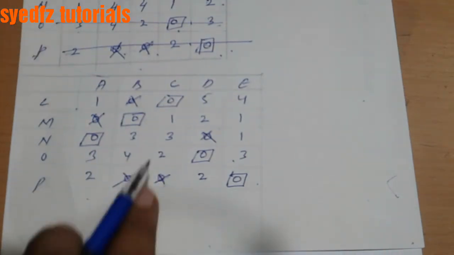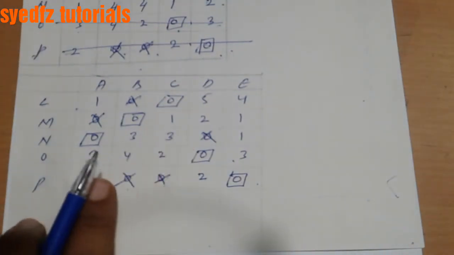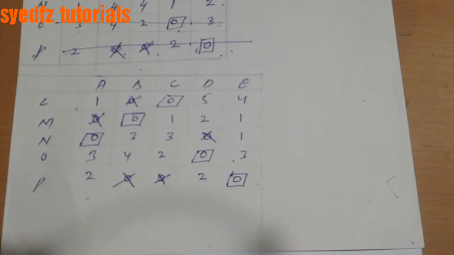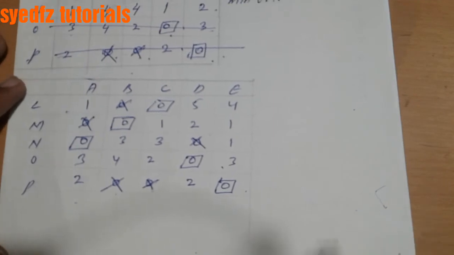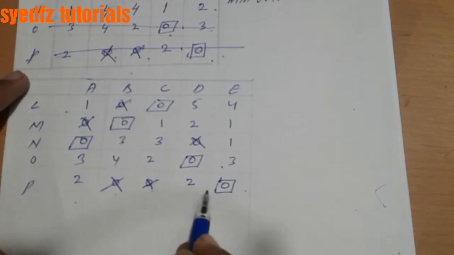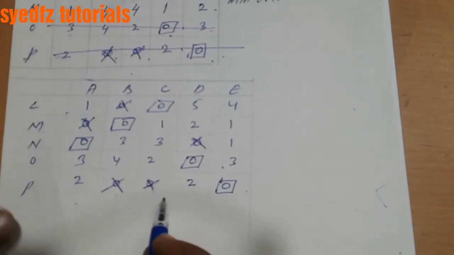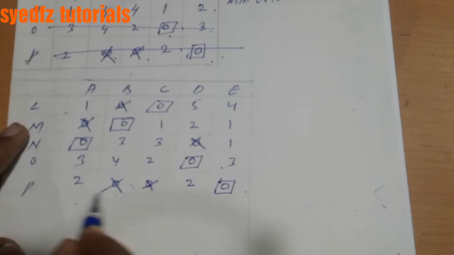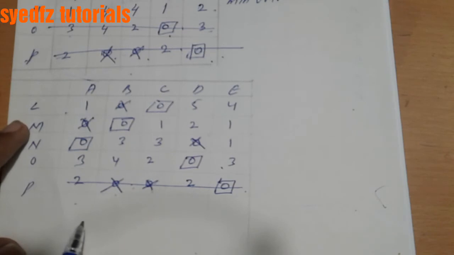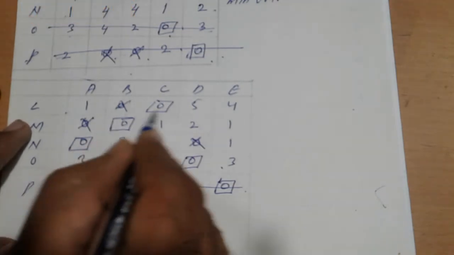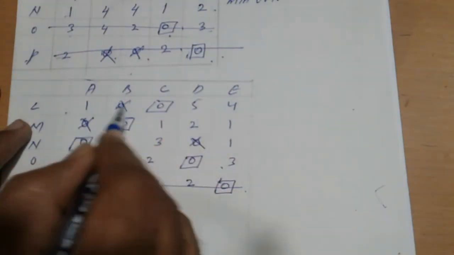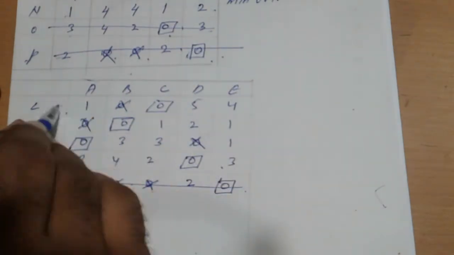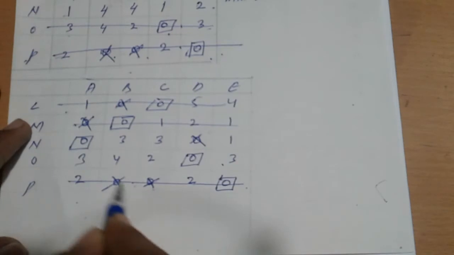How much have we got? 5 rounds, which means definitely we will get 5 lines. Try to cover more zeros with minimum lines. This is 1, 2, 3, this is the 4.